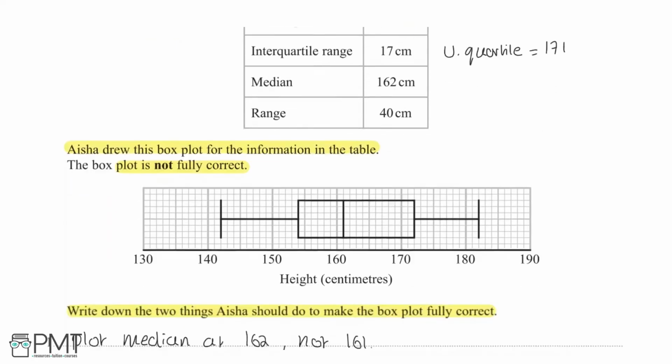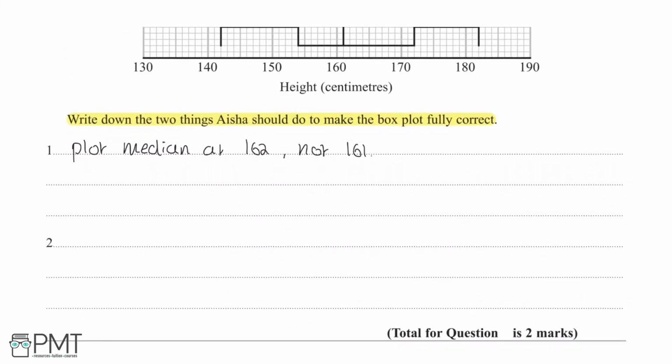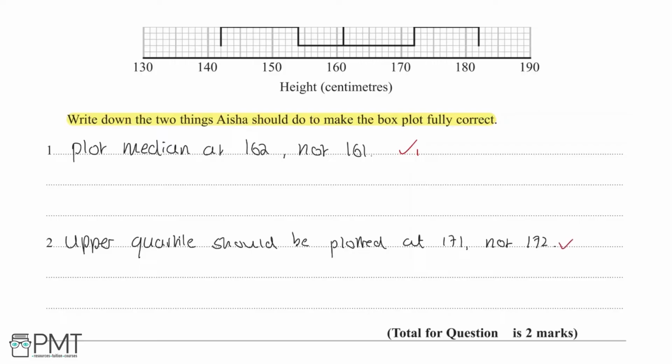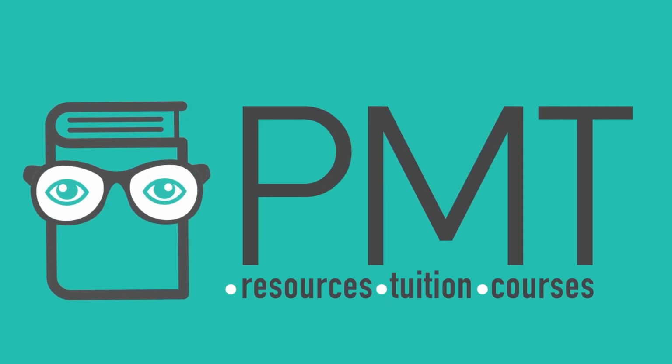However, she has plotted it at 172. So we're going to say the upper quartile should be plotted at 171, not 172. This question is worth 2 marks, and you get 1 mark for each suitable change.